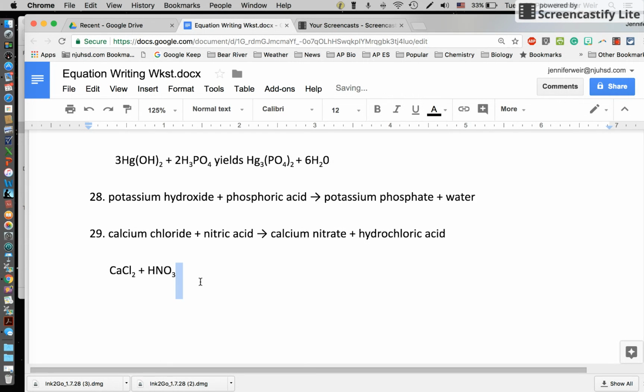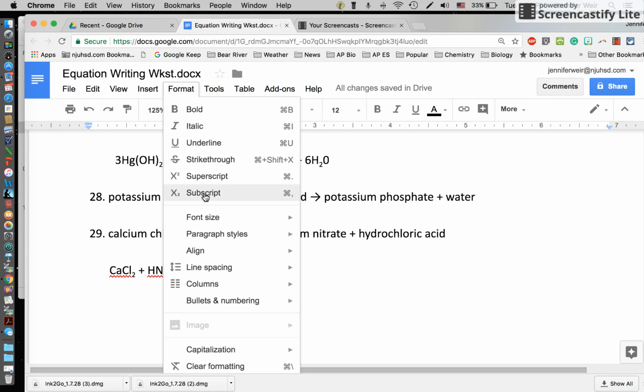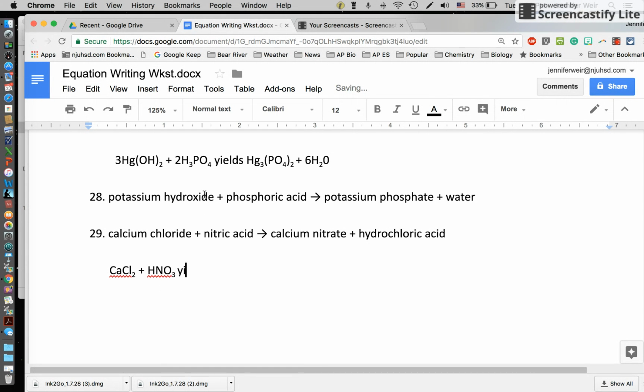All right, I'm going to go with yields again just to clean things up. Calcium nitrate. So calcium, again, a +2 ion. Nitrate's a -1 ion.